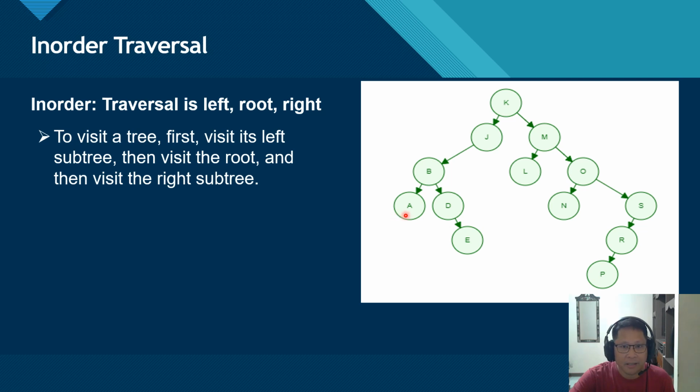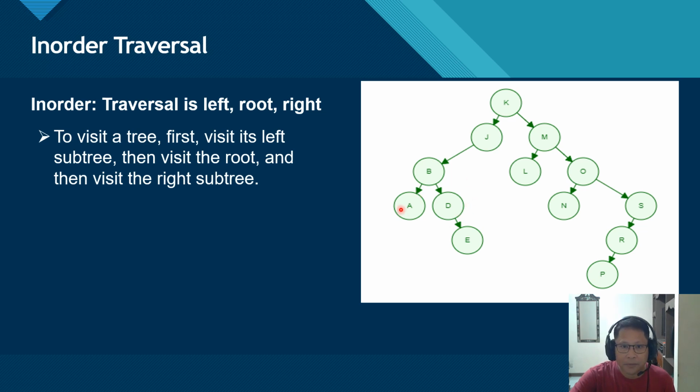Let's start here, which is A. This is the left child of B. So A, then followed by the parent node, which is B. Next, we're going to the right node. But since D here has a child, which is a right child E, but take note, D doesn't have any left child, which means D will be next in the sequence.